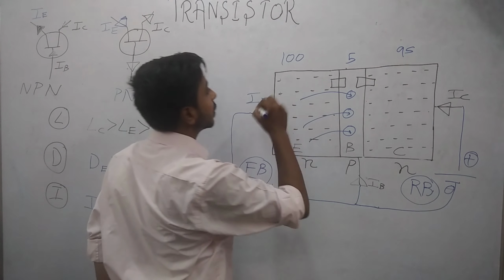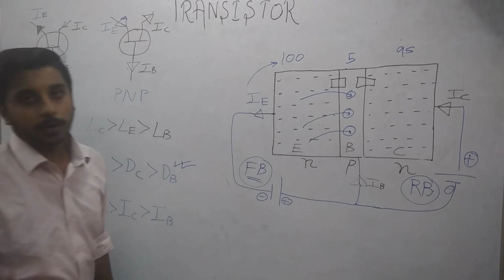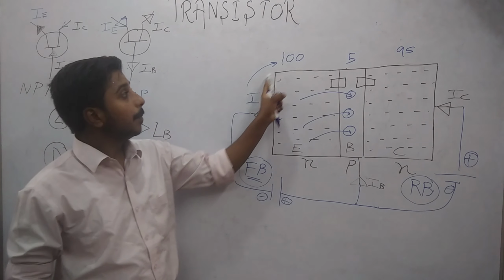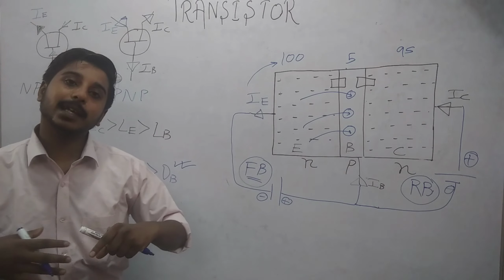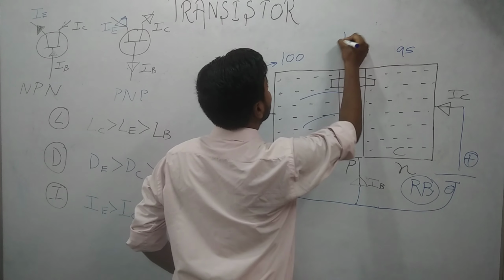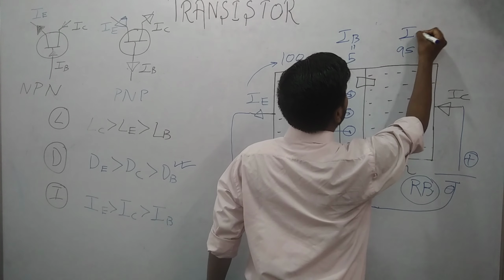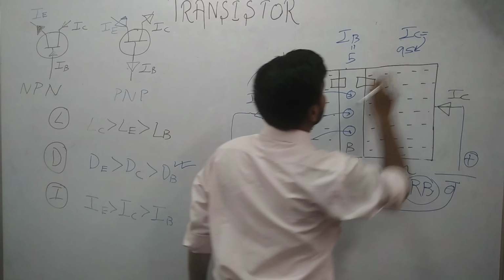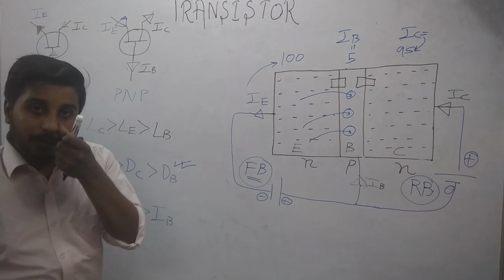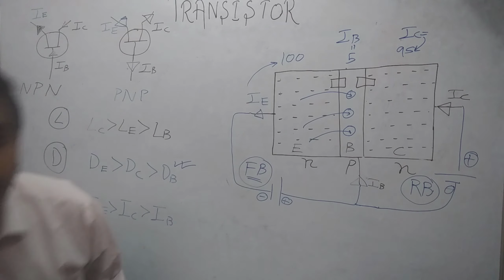And you can see here the current IE is 100. We are taking a random number, because there were 100 electrons, so we can say that current is 100. But current IB is very less, which is 5, and IC, electrons moving from this to this, is 95. Okay, so you can see the base current is very less.